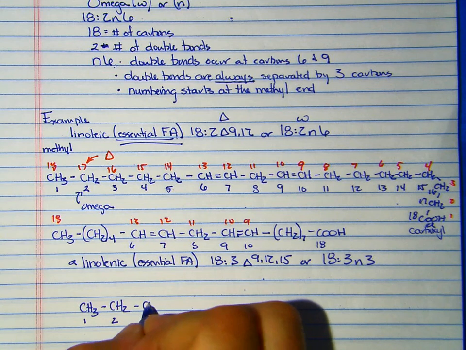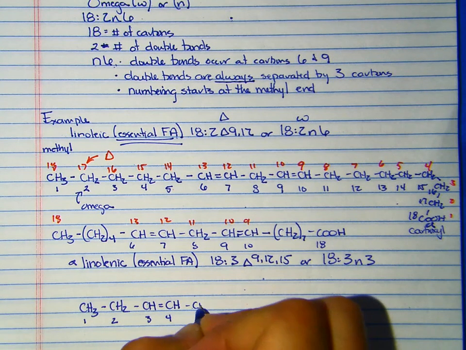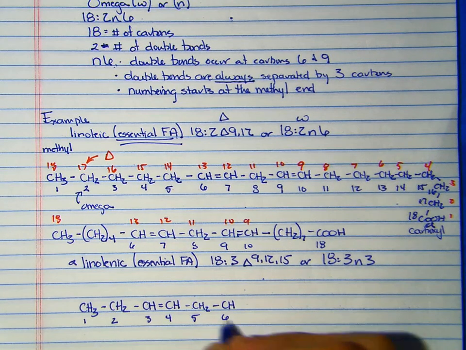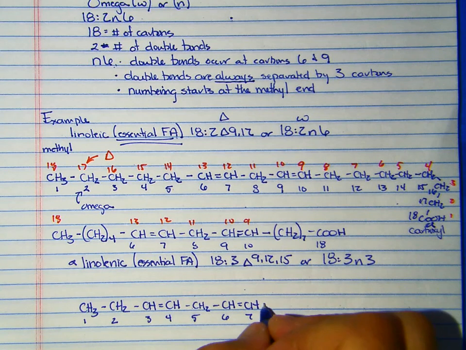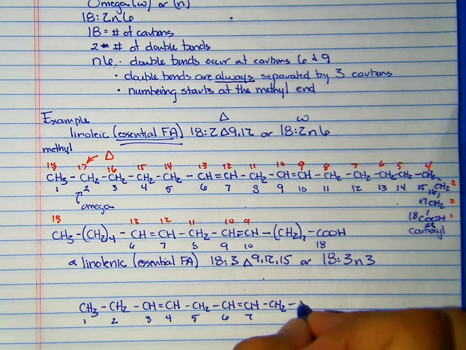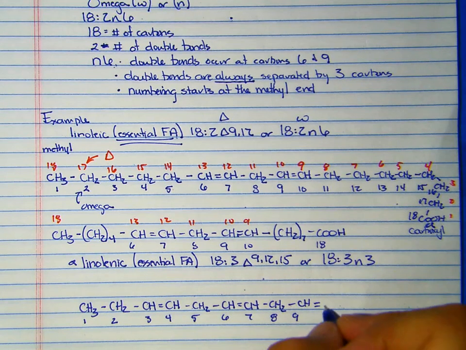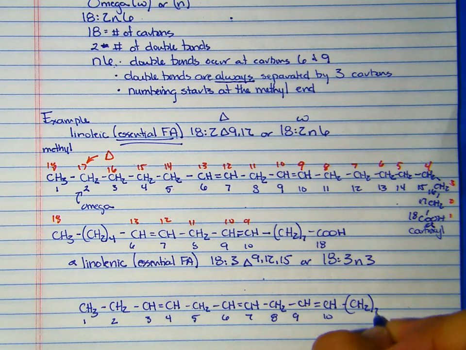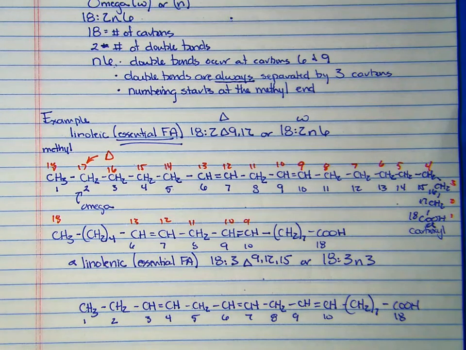So then we know at carbon 3 we have a double bond, so 3, 4, CH2, 5, and so we know because it's 3 carbons later, so you add 3, another double bond, and there's 3 double bonds, so again 8, and then at carbon 9 we have a double bond, CH, that's carbon 10, and then CH2, 7 of those, COOH, gets us to carbon 18.